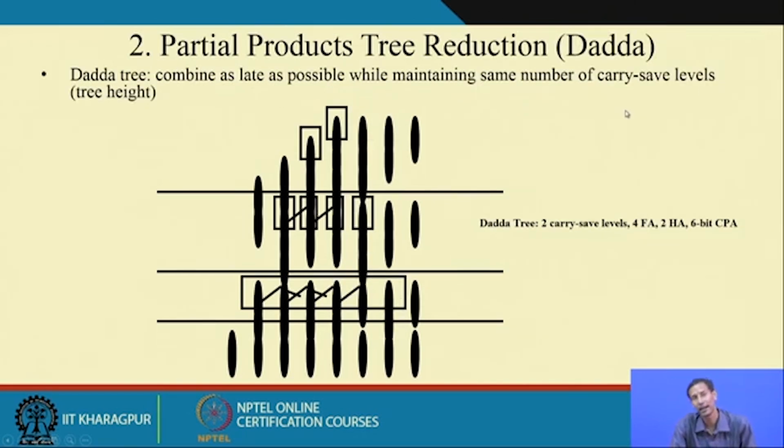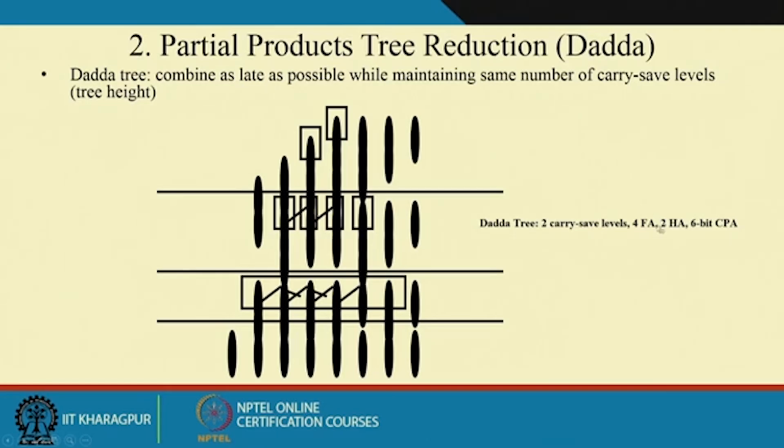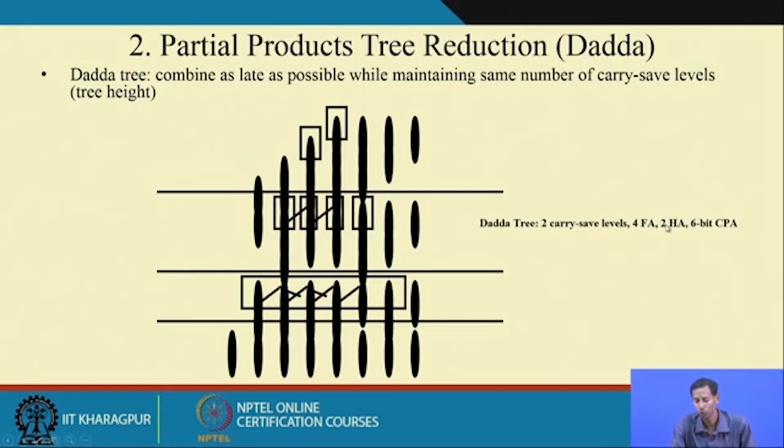If I use the Dadda tree method, you have to add as late as possible. In the Wallace tree we add as soon as possible, but in the Dadda tree method we add as late as possible. There are also 2 carry save levels. Along with that I have to use 6 adder cells, among them 4 full adders and 2 half adders, and a 6 bit carry propagate adder.